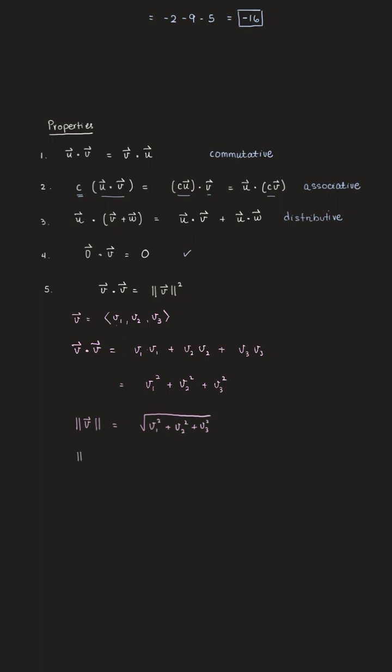So if we square both sides, we see that the magnitude squared will just give us v sub 1 squared plus v sub 2 squared plus v sub 3 squared, which results in the same thing that we had here when we just took the dot product of v by itself. And so this is a property that we will be using when we think about another way of representing the dot product in the following video.